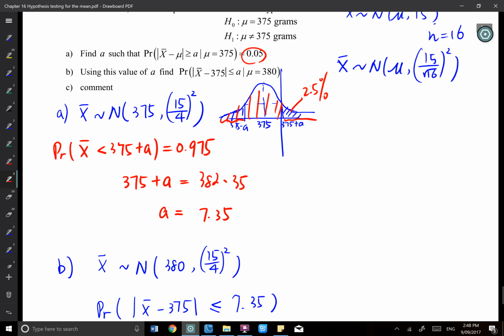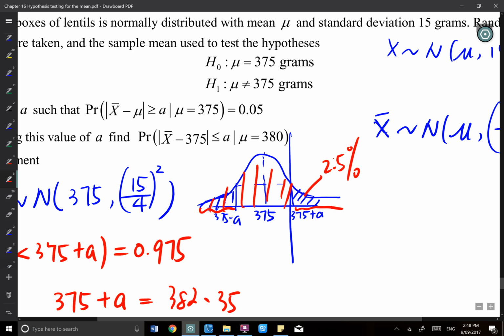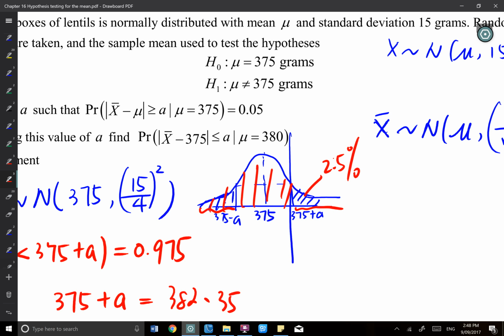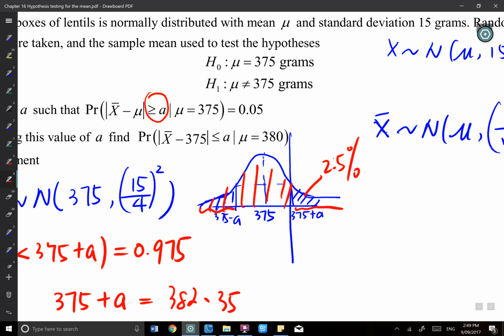Why did the first one ask me to find something that is 5%? Well, what's the meaning of this question? X bar minus 375. You assume 375 is correct, and then you observe the value. That distance compared to what I assume is correct as the mean is less than A. But we only reject it when it's greater than A. We will not reject it when it's less than A. Is that correct?